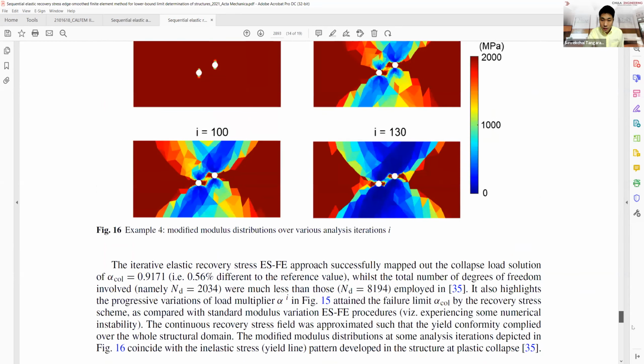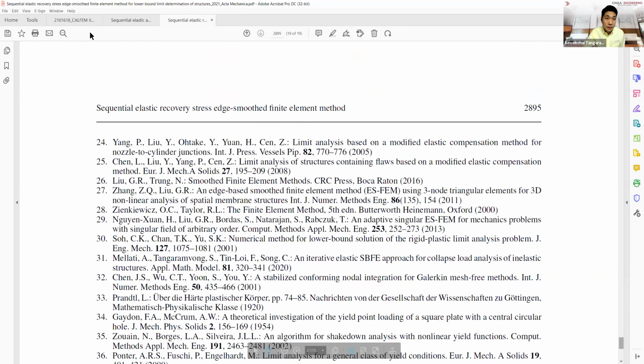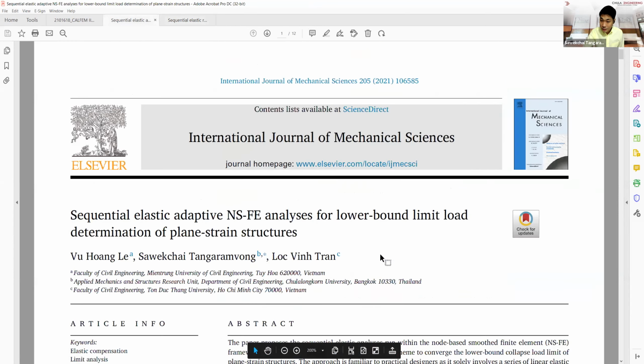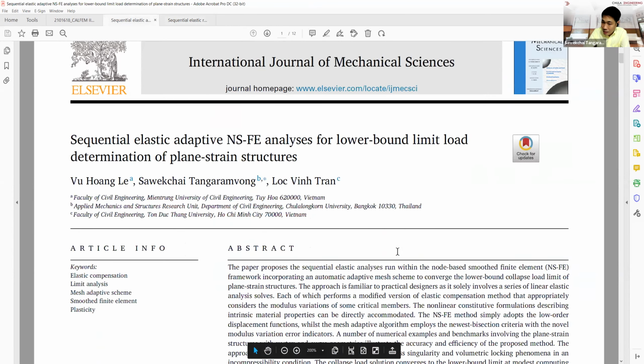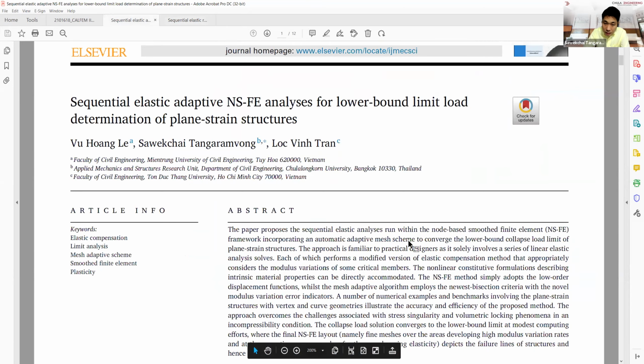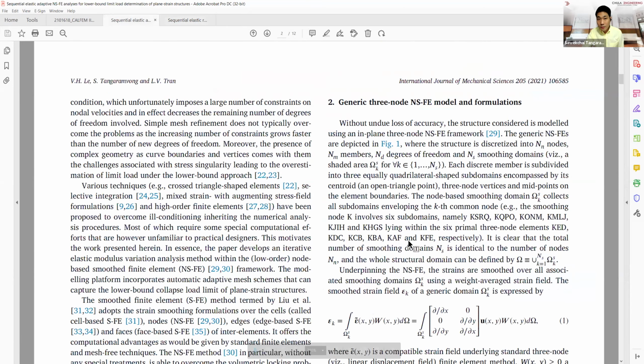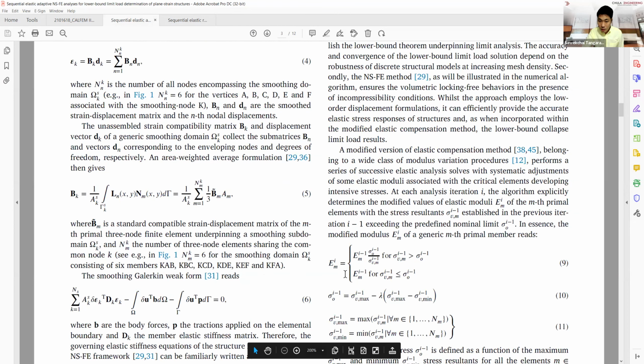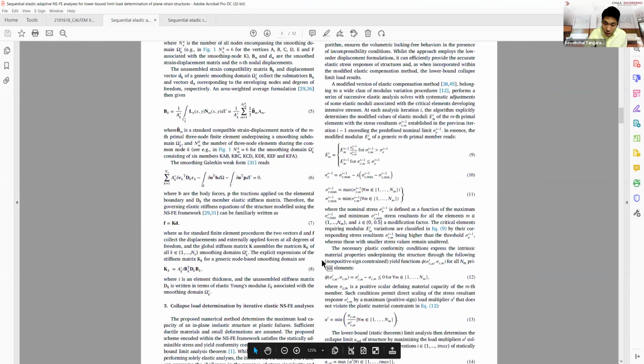Not this one, sorry, but I have another paper which was published in the same year. And with that, I use another technique. There are so many techniques for the finite element. One of the techniques that people use a lot, and it has been very popular, is called smart mesh.